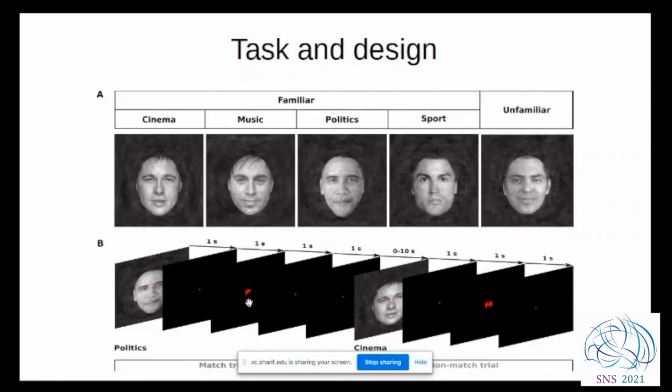The letter could have been C, M, P, S, U, corresponding to cinema, music, politics, sport, or unfamiliar. And the subject's task was a match/non-match task. Basically, they had to indicate whether the letter matches the category of the face image or not.